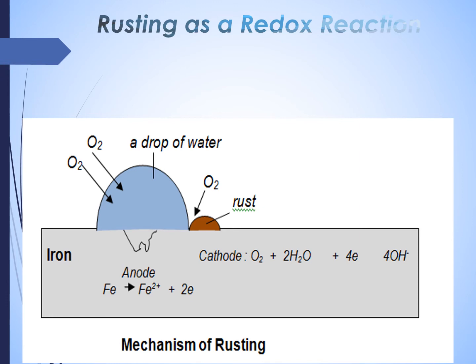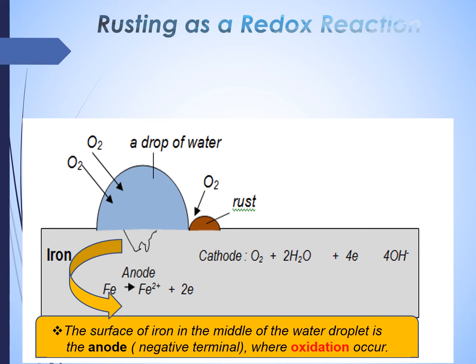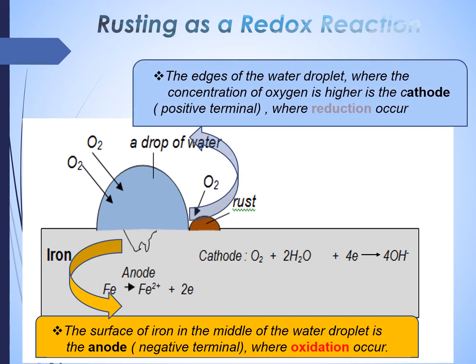So the surface of iron in the middle of the water droplet is the anode because oxidation process occurs. And the electrons are received by oxygen and water to form hydroxide ion. The edge of the water droplet where the concentration of oxygen is higher is the cathode because reduction process occurs here.